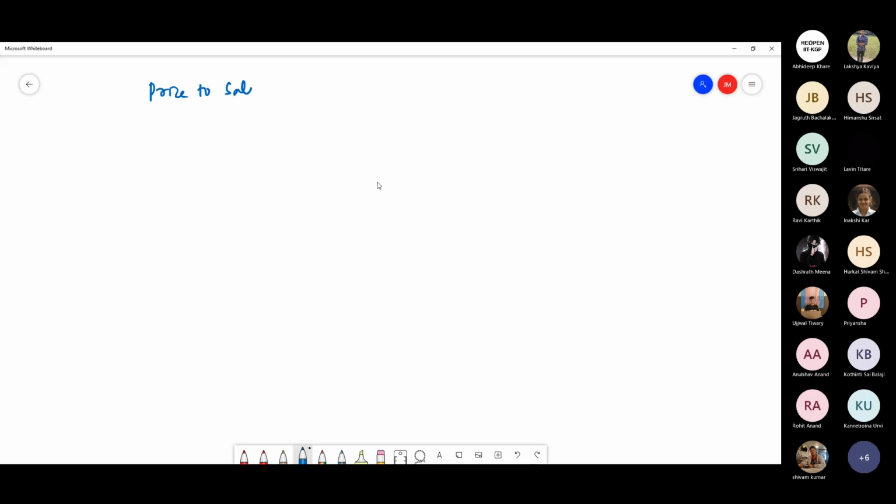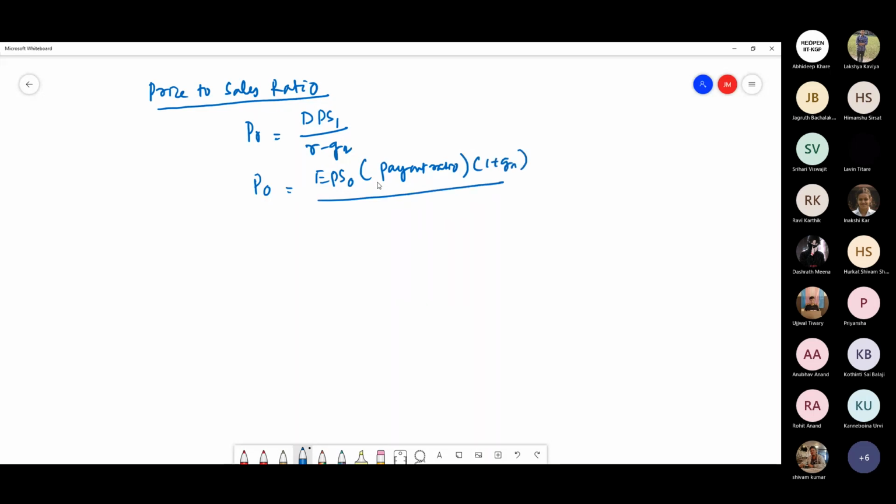Again we start with the same formula: P0 is equal to DPS1, dividend per share, divided by R minus GN, and then automatically we can also write P0 is equal to EPS0 into payout ratio into 1 plus GN divided by R minus GN.